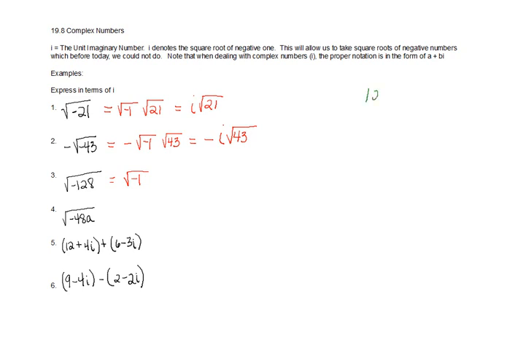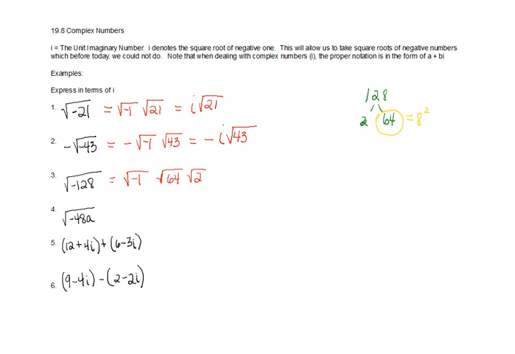Right there, I can stop. I know 64 is a perfect square. That is 8 squared. So I break up my 128 into the square root of 64 and the square root of 2. Now if I multiply these three back together, 2 times 64 is 128, times -1 is -128. So we have not changed the value.